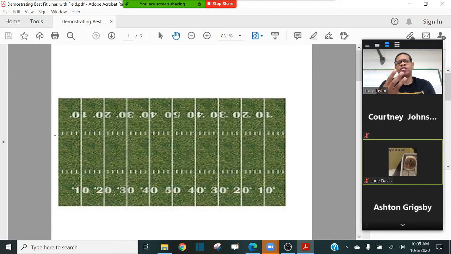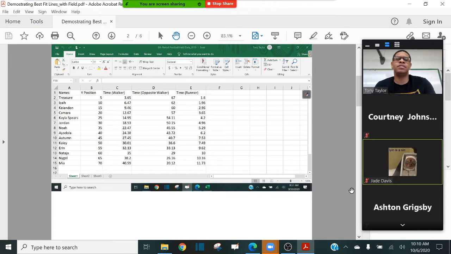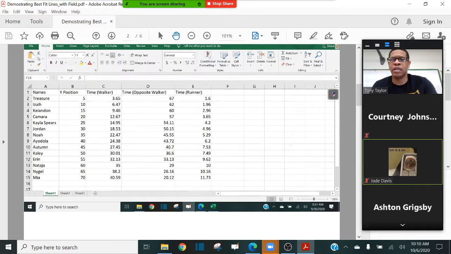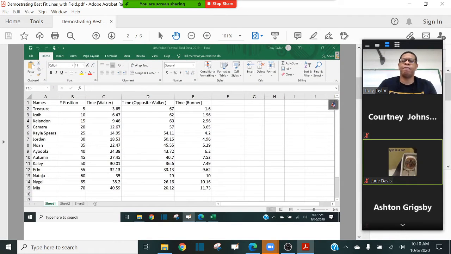We would get these three major volunteers, collect data, and then come back to the room and put this data in an Excel spreadsheet. And here is an example from my eighth period class last year. As you can see, we have data for a walker, a runner, and someone who walked the field in the opposite direction.